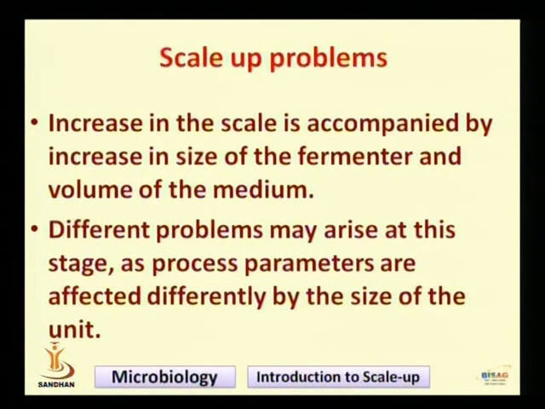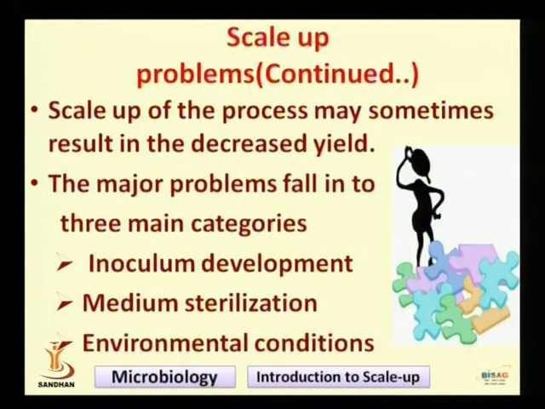For example, temperature, pH, supply of oxygen, agitation rate, dissolved oxygen concentration, etc. All these factors are affected by these two immediate changes, the volume of the medium and the size of the fermenter, and so these parameters have to be attended to very carefully so that it is possible to find some solutions so that a successful scale up is possible.